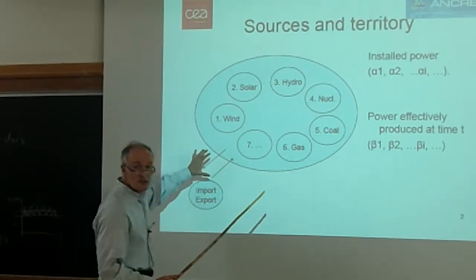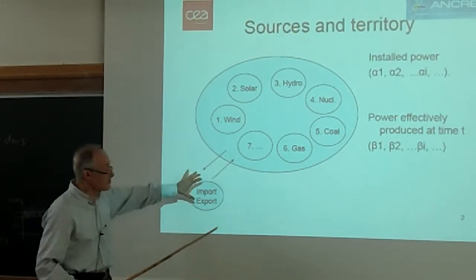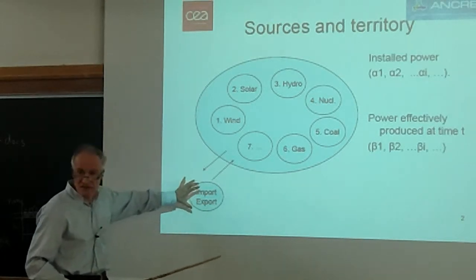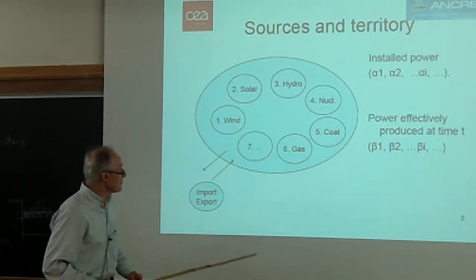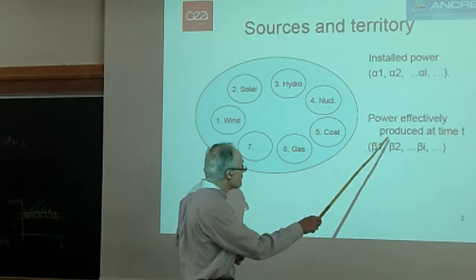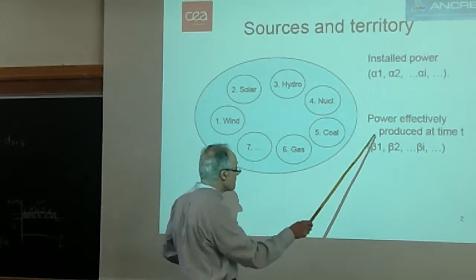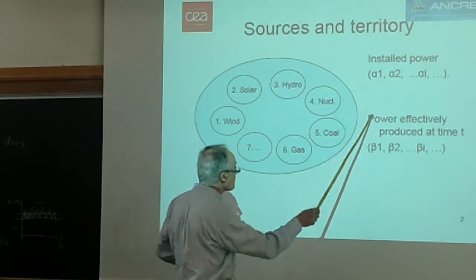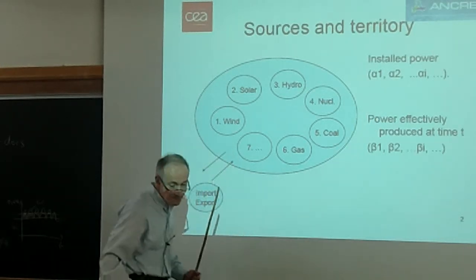This territory is not insulated electrically. It can exchange, import and export, with its neighbors. And the power that is effectively produced at time t is this multiplet of beta i in megawatt, which is smaller than the installed power, of course.